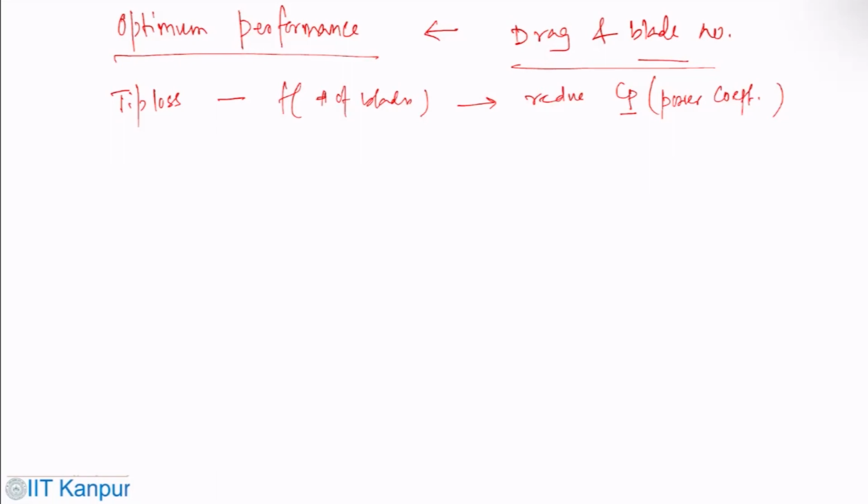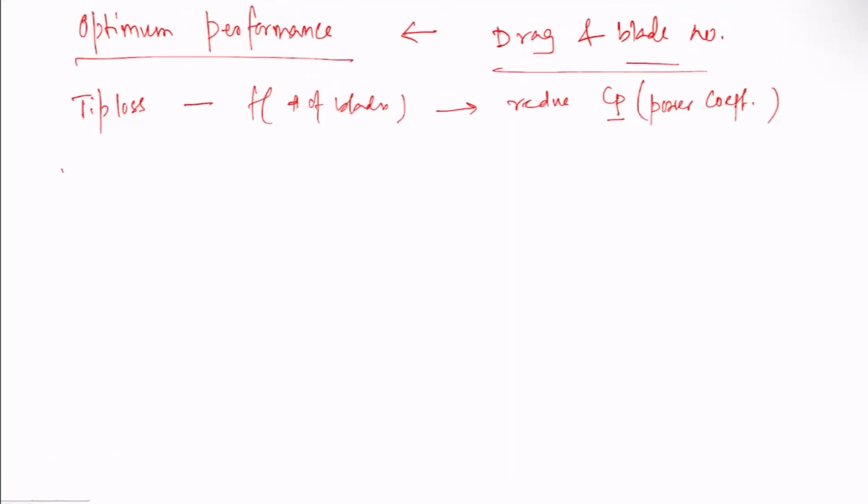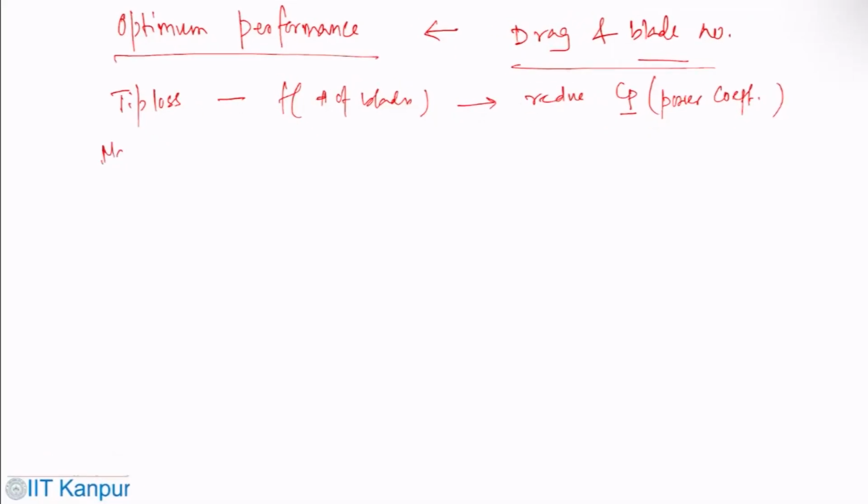So we have already looked at how performance gets affected, and then what we can find out is the maximum available power coefficient. For any turbine with an optimum blade shape, along with a finite number of blades and their aerodynamic drag, these can all be estimated by an empirical formula.